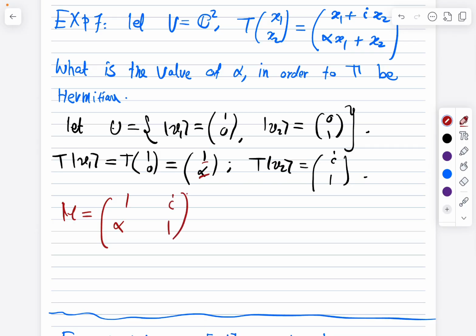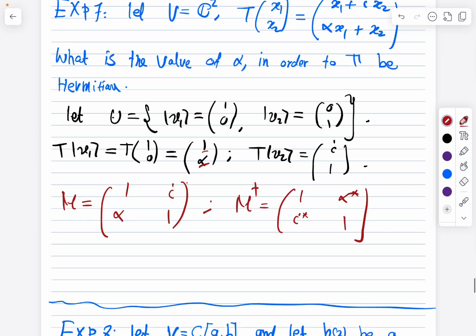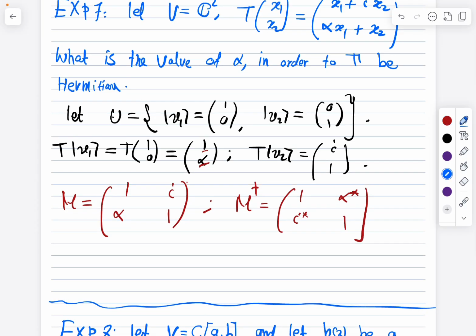Now in order to make it self-adjoint, or Hermitian, we need to equate it to M dagger. So what is M dagger? Basically, you take the first row and take the conjugate, and make it the first column, and then take the second row and make it the second column. We need these to be equal to each other.